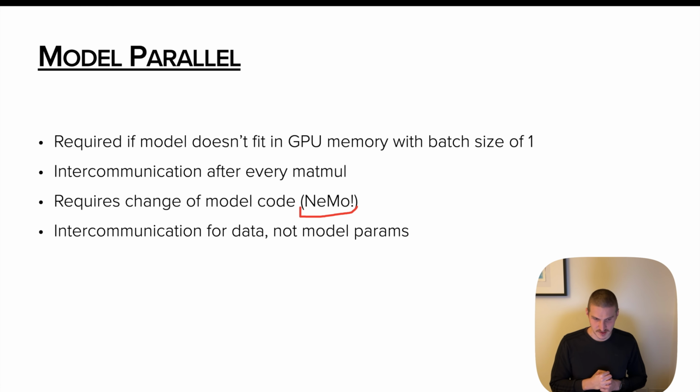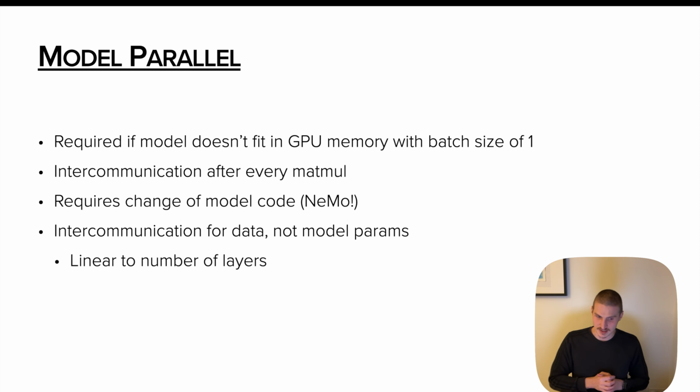Another curious thing is that now basically we do intercommunication for data. So if you actually split all the model layers across devices, you don't need to copy them, but you need to copy the data.